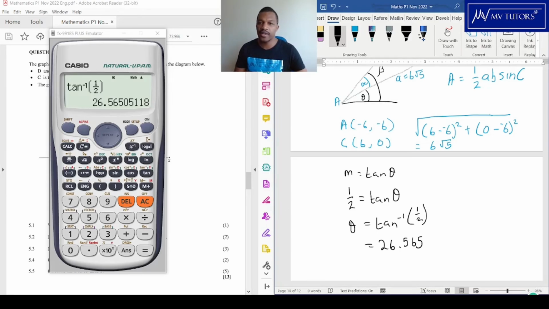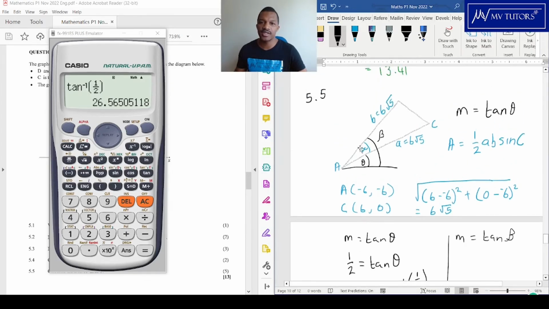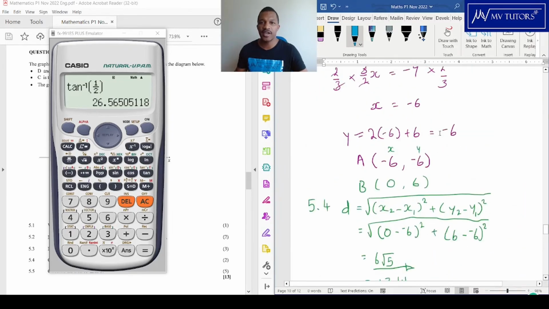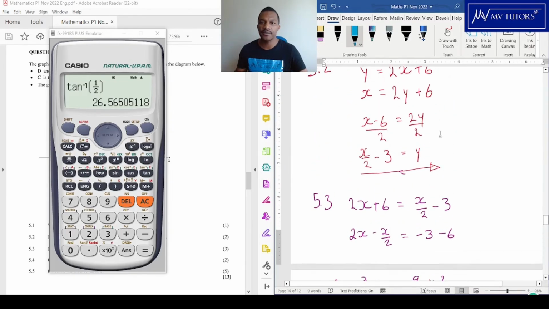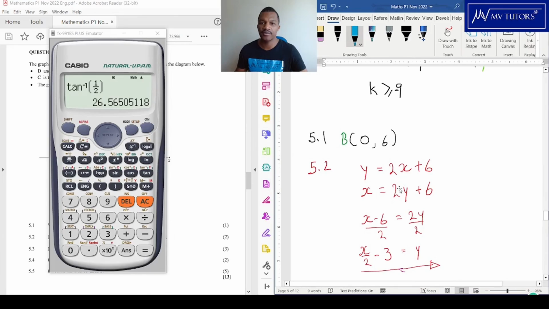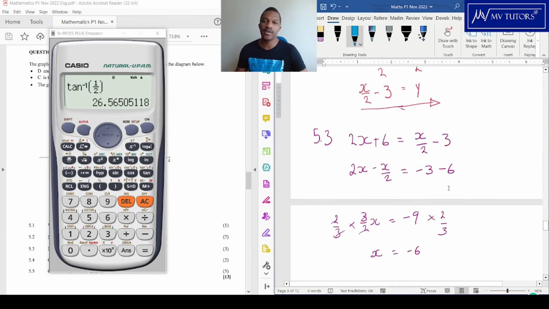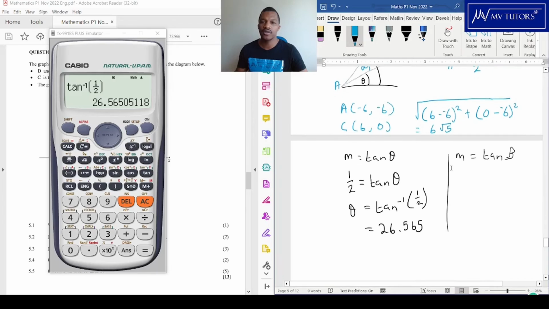Okay, now I want to do the same for beta, tan beta. Now the gradient for this line, this line is AB, right? That's AB. The gradient there, we solved it once again, and it was 2. So the gradient is 2 over there.